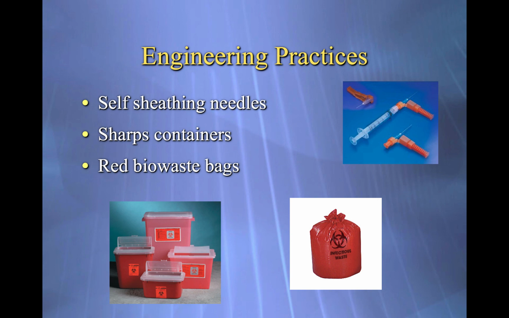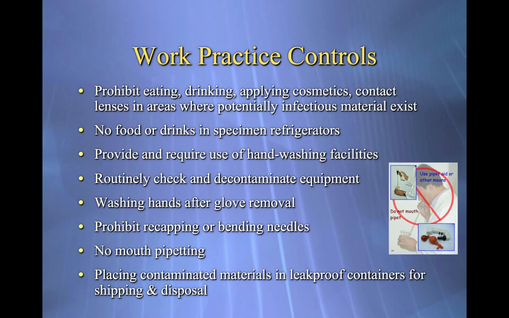Needles stuck through them really easily. We had 2 students in my class that got punctured by throwing away containers that were full of needles and getting stuck by one that was sticking through the box. Red bio-waste bags, just making them red, so you know that this is biohazardous material and needs to go in the biohazardous waste stream and typically is going to be incinerated.